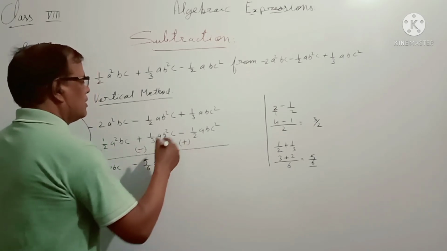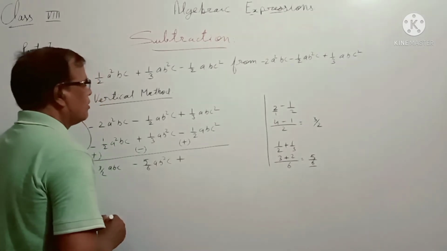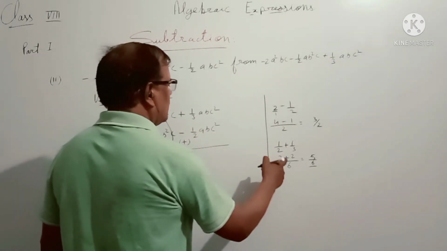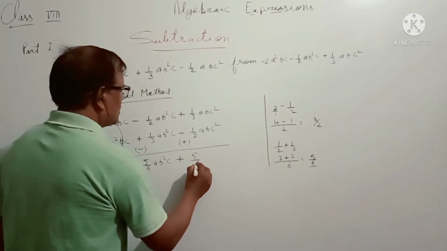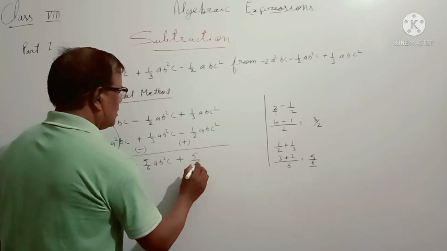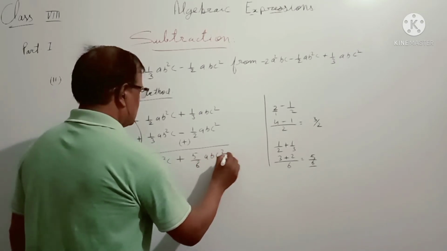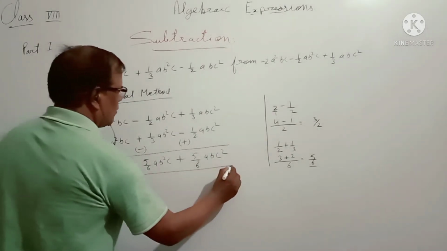Now at last we see both have positive sign, so we put positive and add 1 by 2 and 1 by 3. It will also be 5 by 6, 5 by 6 a b c square. Thus we have added and found the value.